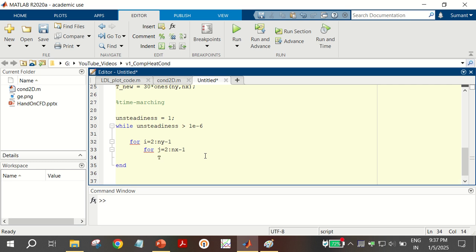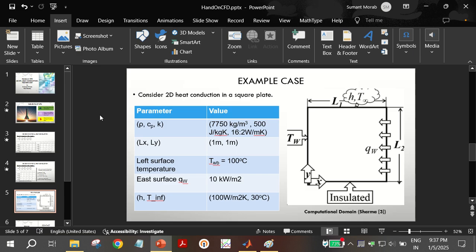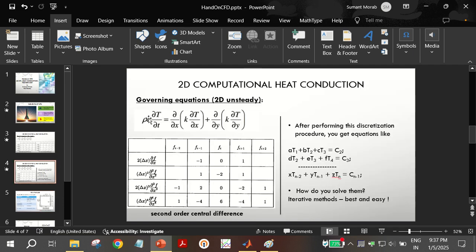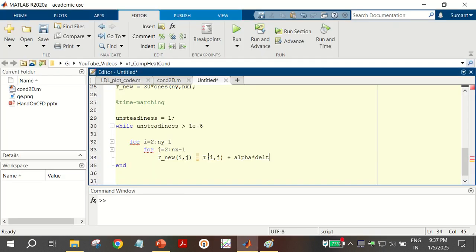Now I'll try to calculate T new of i comma j equal to T of i comma j. So that is what I am writing here, plus alpha star del t, because if you see this, it's nothing but k, if you take it outside, k by rho c will be alpha, and delta t will go to the right hand side, and dt will become t new minus t old, right?